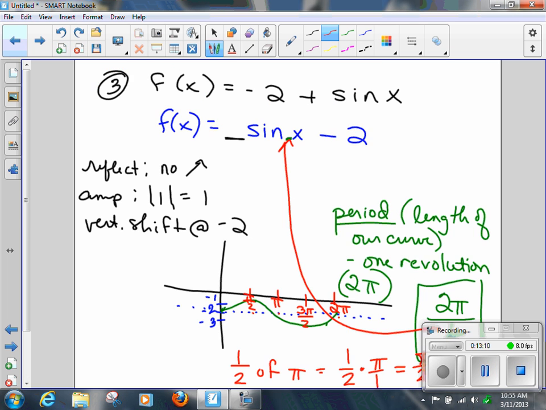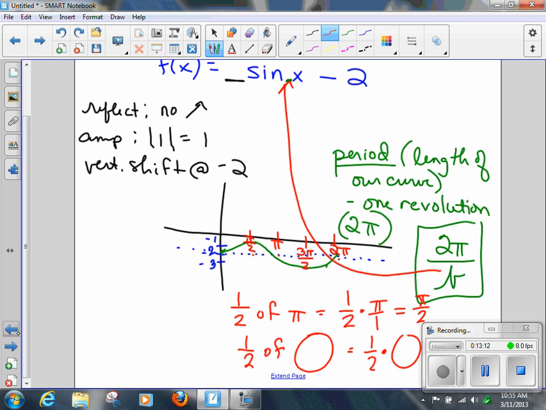I just looked at it, Christian, and I said 1 half, 2 halves, 3 halves, 4 halves. Just like when we ran around and you were putting in all those increments on the unit circle. Remember how I showed you to do that? You just think in terms of fractions. 1 half, 2 halves, 3 halves, 4 halves. And then reduce when you need to. Okay? That's all I did.